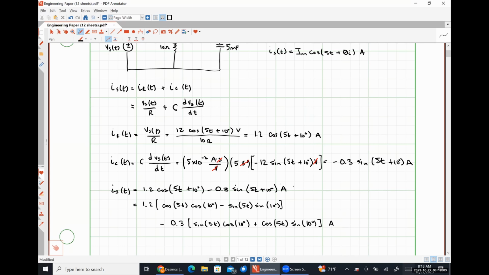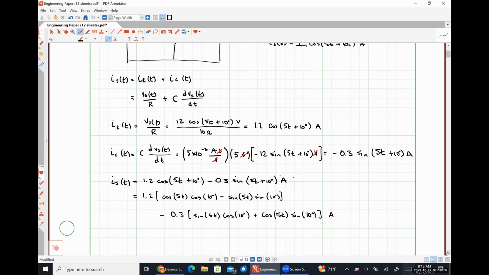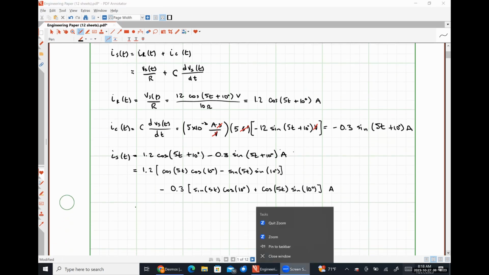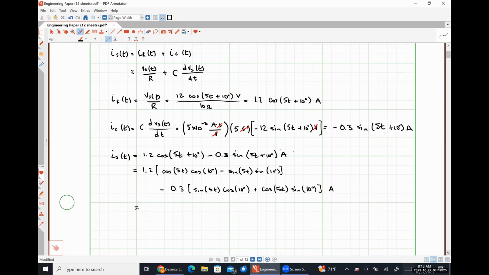That's using two of the trig identities that I gave you in our last class meeting. Well, cosine of 10 degrees and sine of 10 degrees are just numbers, right? So what we can do is move things around a little bit.